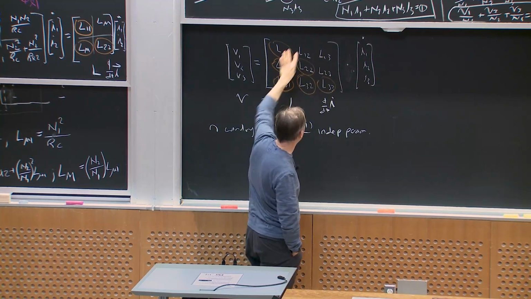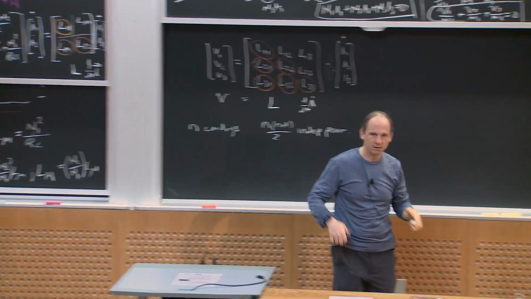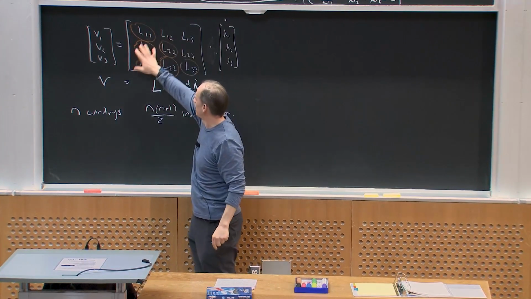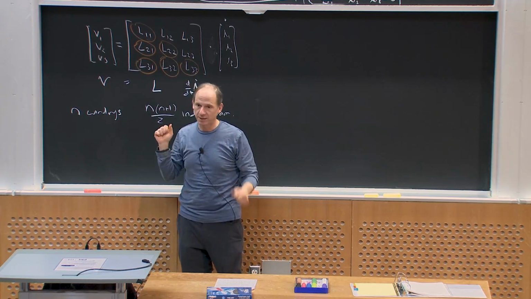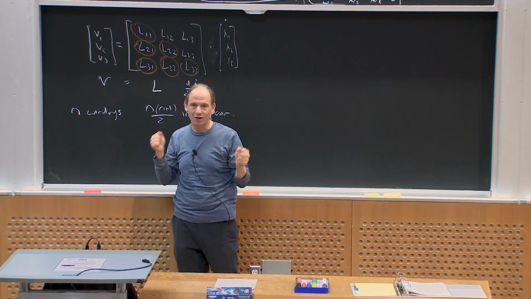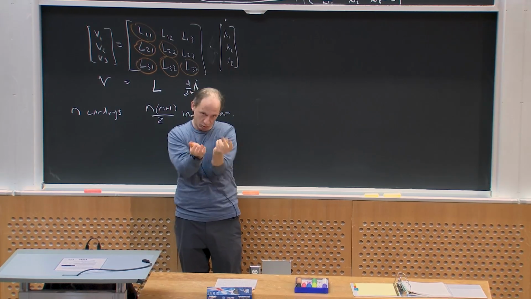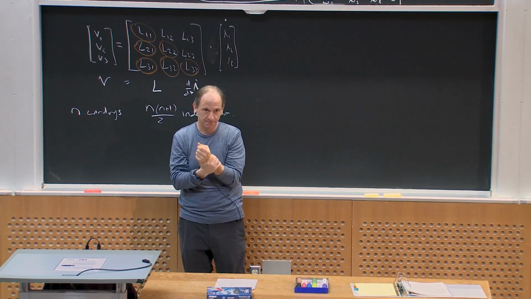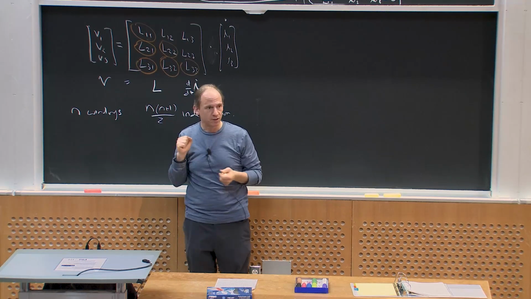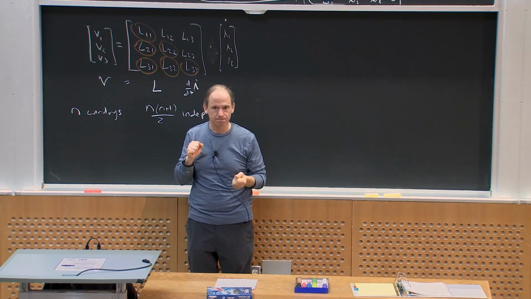I can do a bunch of measurements on my device and figure out what these independent parameters are. That can be tricky. If you don't do it carefully, you'll get stuff that's not quite right. But you can get the terminal relationships. Okay? And so I can always get the inductance matrix by doing measurements on a given device.